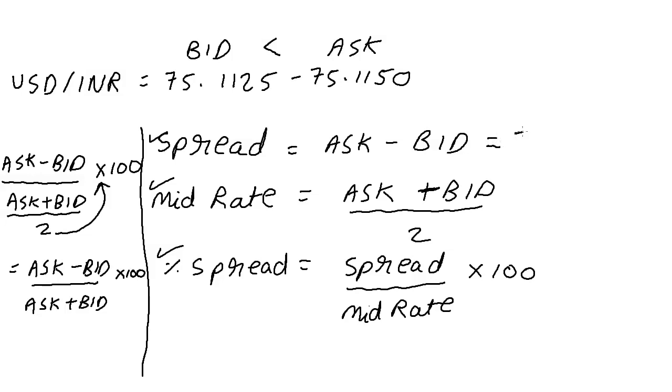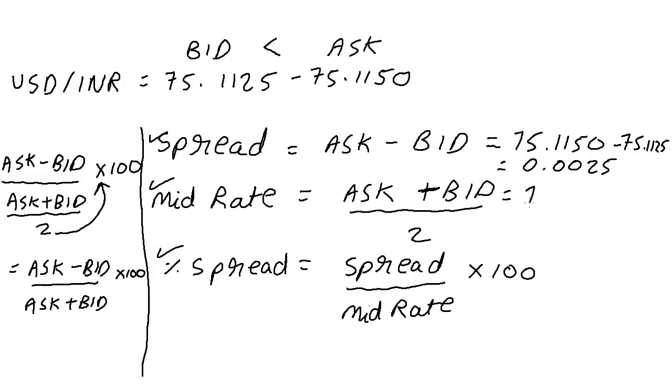We have an ask price of 75.1150 minus 75.1125, which gives us 0.0025.